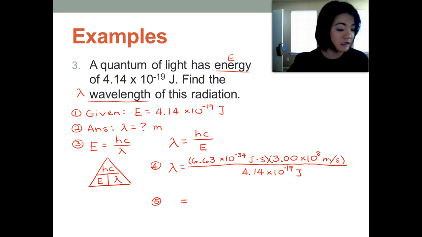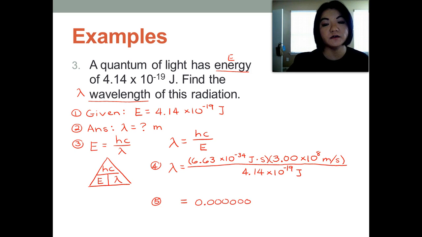And the answer that the calculator gave me is 0.0000048, and I have to add another 0 at the end to make it 3 sig figs. And the unit is meters.